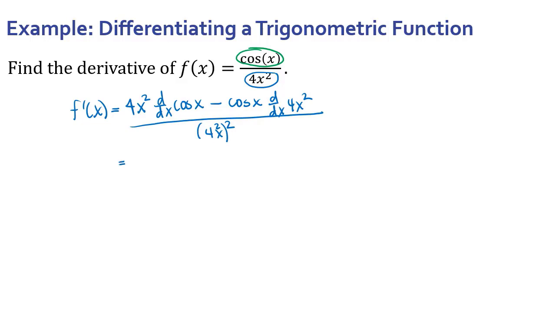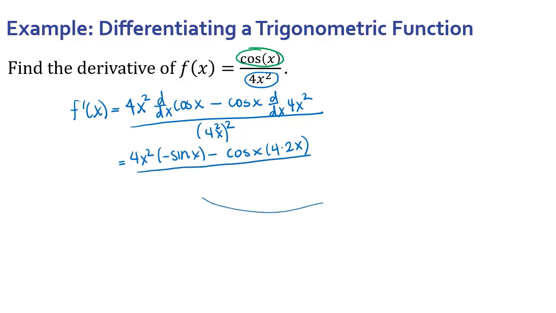So this is going to become 4x squared times the derivative of cosine of x, which is negative sine of x, minus cosine of x times the derivative of 4x squared. That is 4 times the derivative of x squared. The derivative of x squared is 2x to the first power, which is just 2x. And then that's all over 4x squared squared, which is going to be 16x to the fourth.